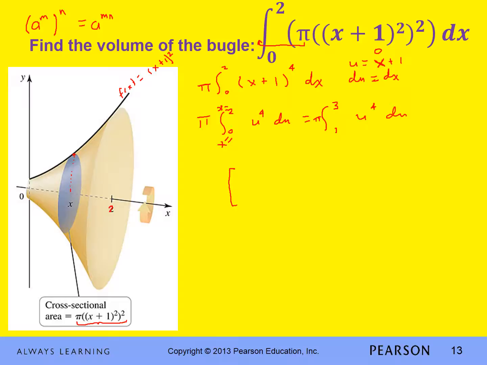The antiderivative is u to the fifth over 5.